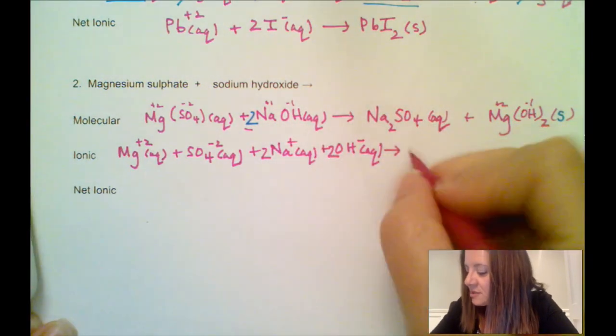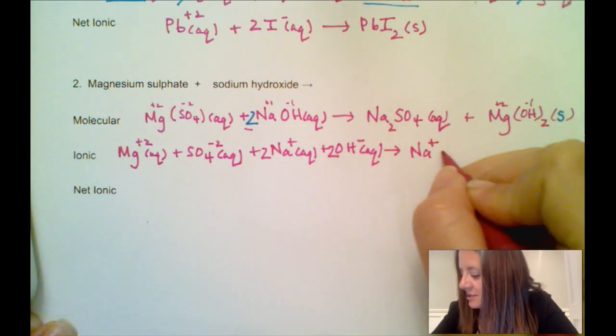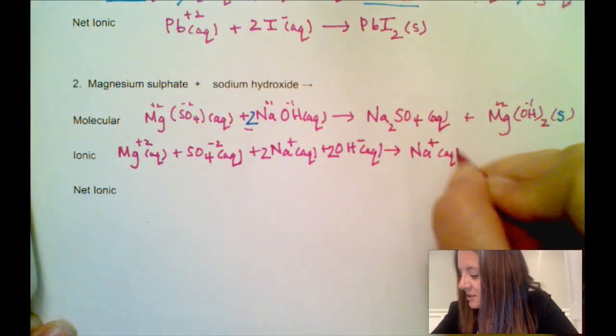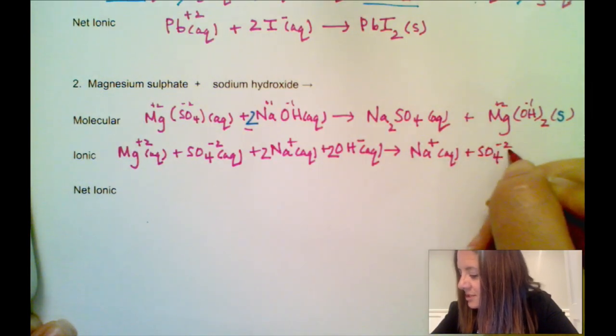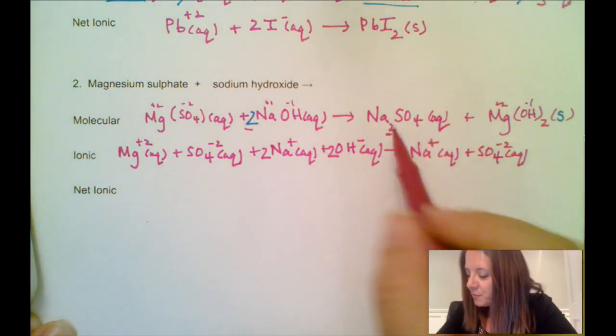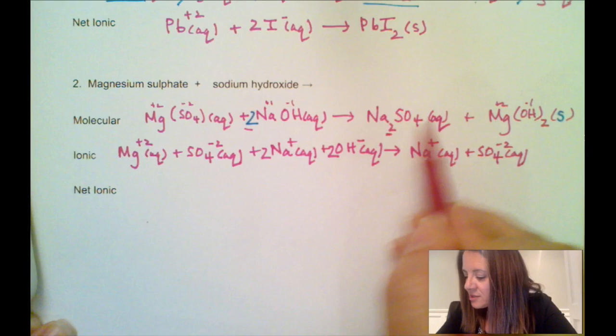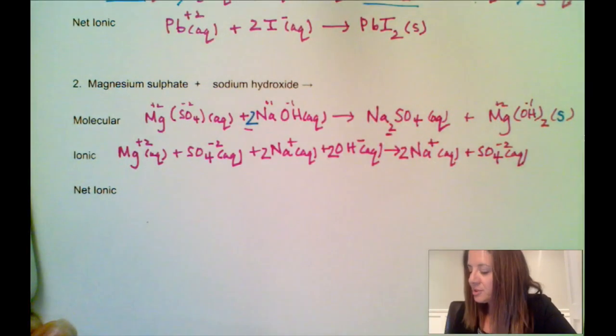That yields sodium ion, and that is aqueous, sulfate ion. Now, hopefully you noticed that there is this subscript of 2. So for every one of these compounds, 2 sodium ions are liberated. So you've got to put a 2 there.